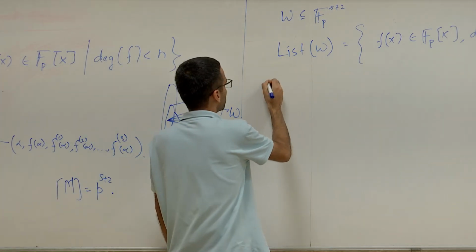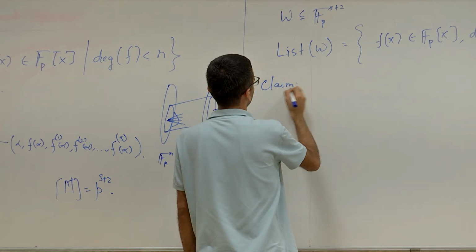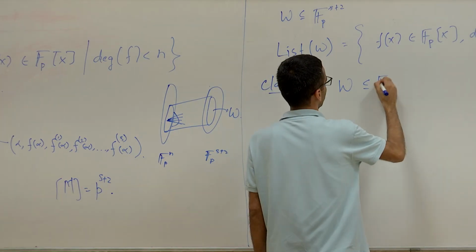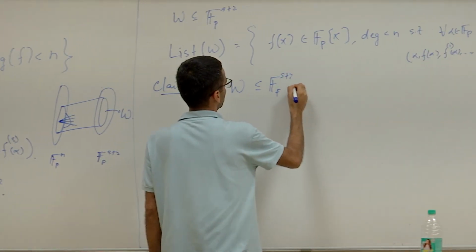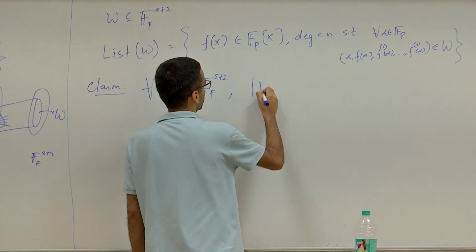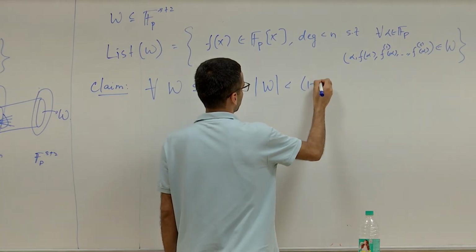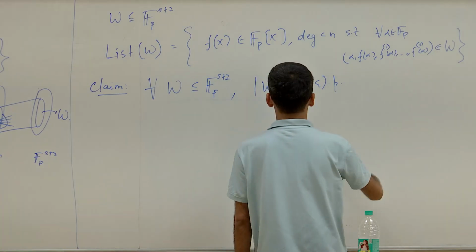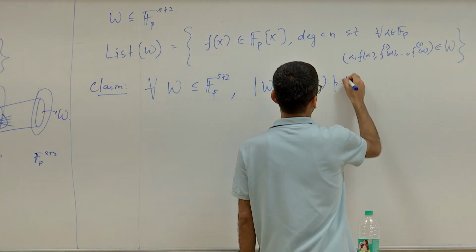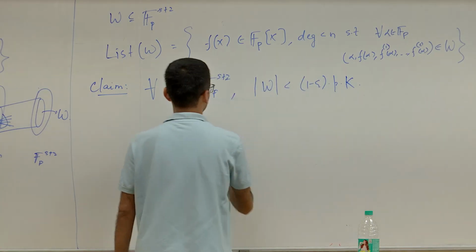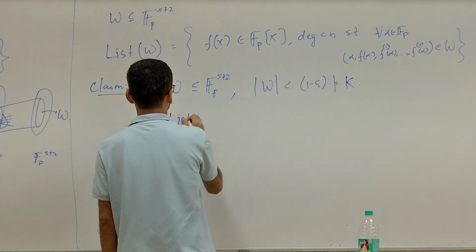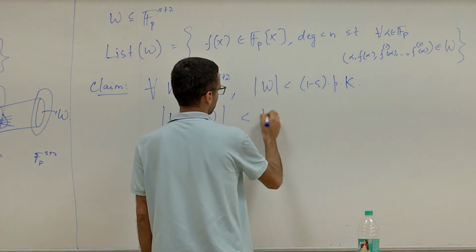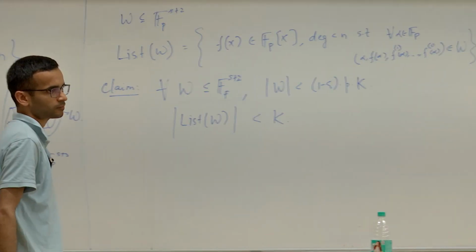So the main claim will be that for all W, subset of F_p to the s plus 2, with size of W being less than (1 minus epsilon) times p times k, the size of list of W is less than k.